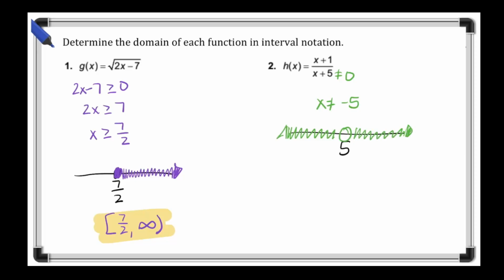So we're going in both directions, negative infinity and positive infinity, just not including negative 5. So when you write your interval notation, you're going to have negative 5, and you're going to have to include that little union or the "or" symbol in your domain.